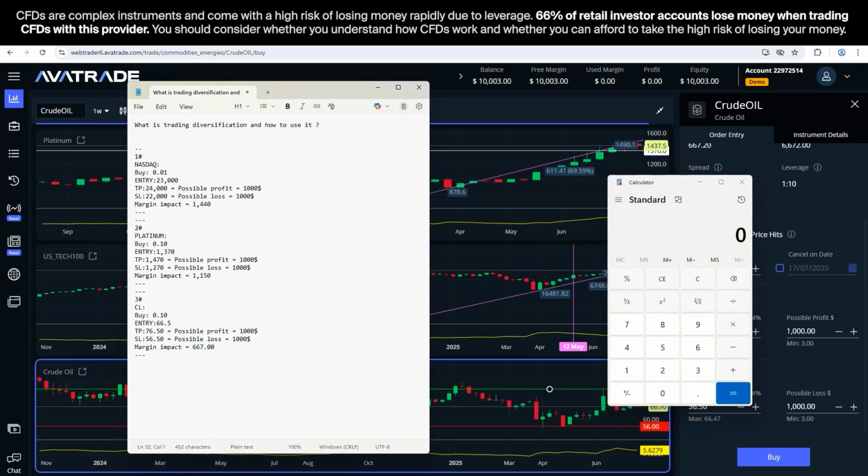Okay, let me show you how to calculate this. So basically I can take the margin impact, divide by balance, times 100.